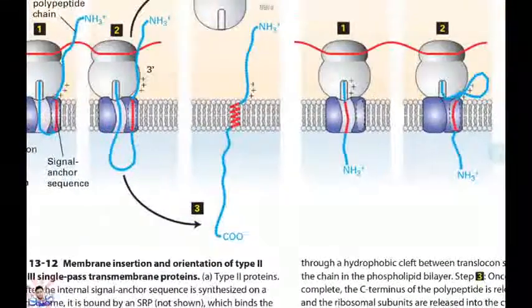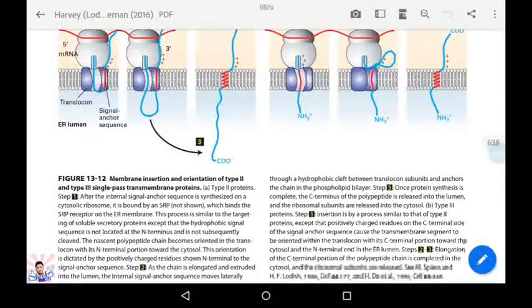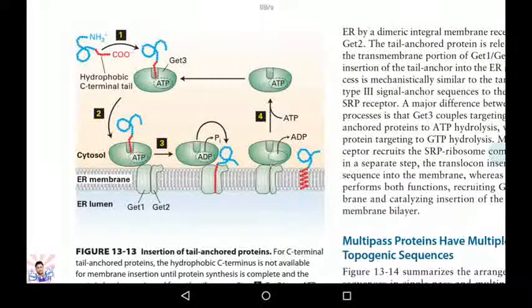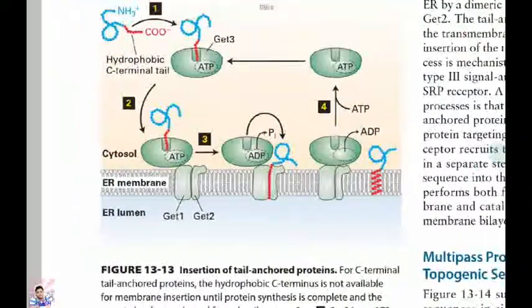This is a very difficult part to understand, which I can tell you in simplified form. Here it is not type 3, sorry, it is the tail anchor protein molecules.